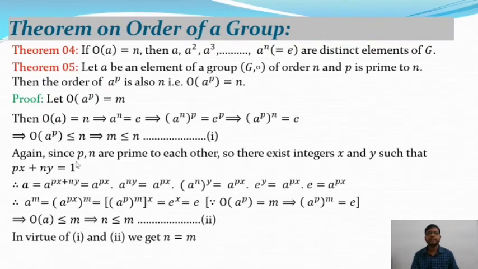Again, since p and n are prime to each other, there exist integers x and y such that px plus ny is equal to 1.